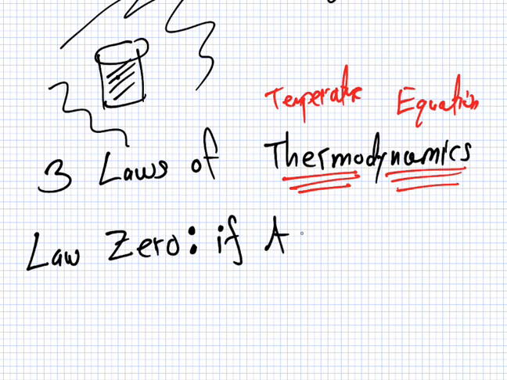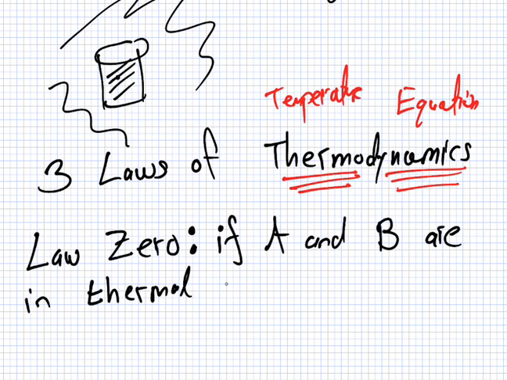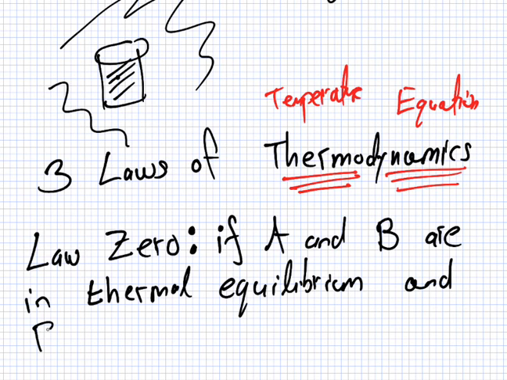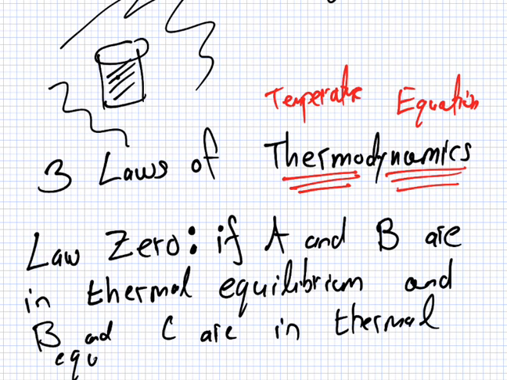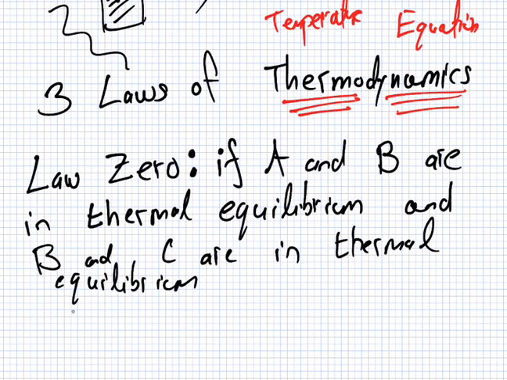If A and B are in thermal equilibrium, and B and C are in thermal equilibrium, then that means, therefore, A and C are in thermal equilibrium.